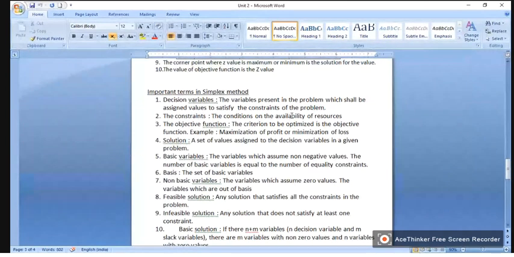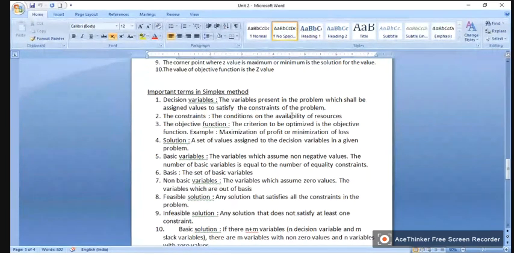Proceed, Harika. Basis: the set of basic variables. Vishwanath, continue from that point, read from the sixth point onwards. Non-basic variables: the variables which assume zero values.